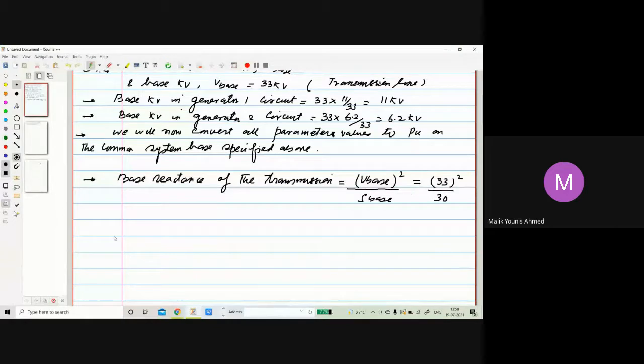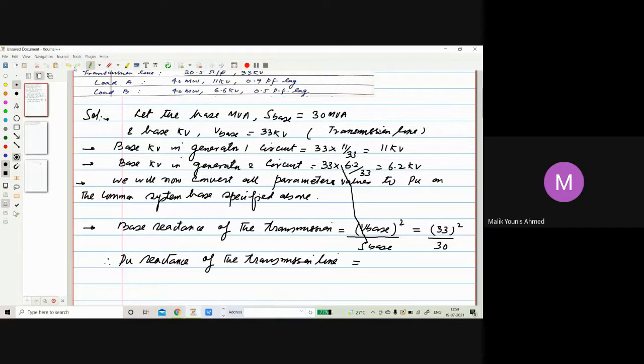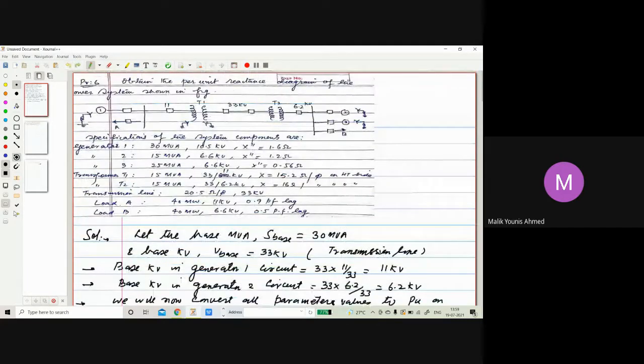So the per unit reactance of the transmission line, the actual value is in ohms, you can see 20.5 ohms per phase.